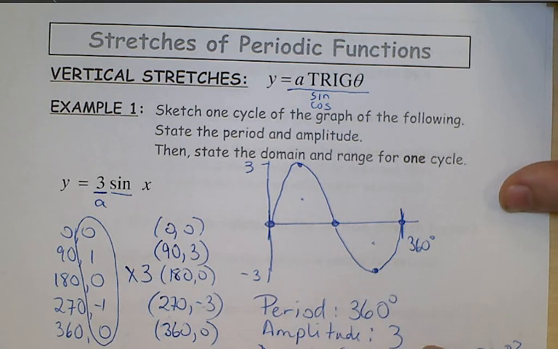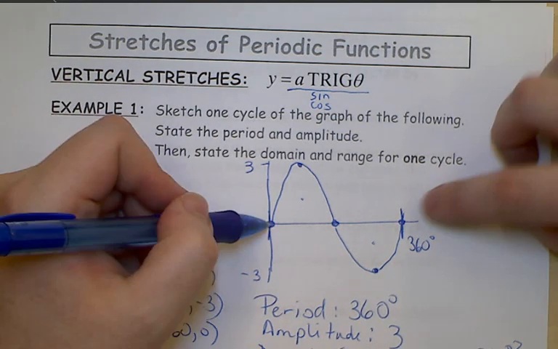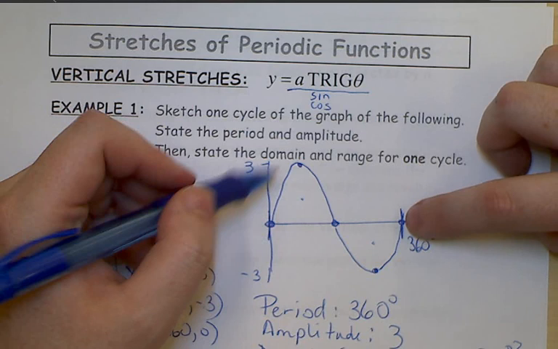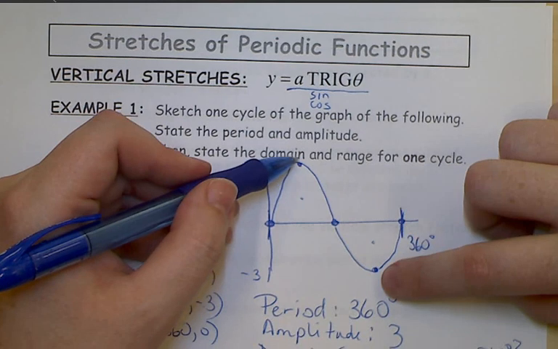Okay, so remember our domain is always from the start to the end. Because it says for one cycle, we limit it between 0 and 360, and our range is from the maximum to the minimum, so from 3 to negative 3.